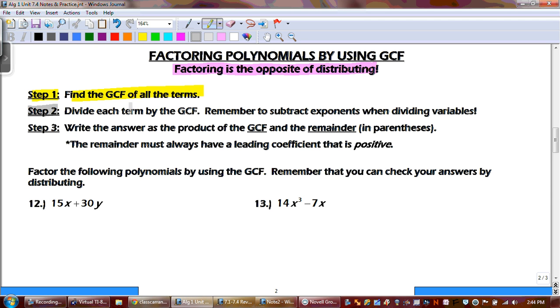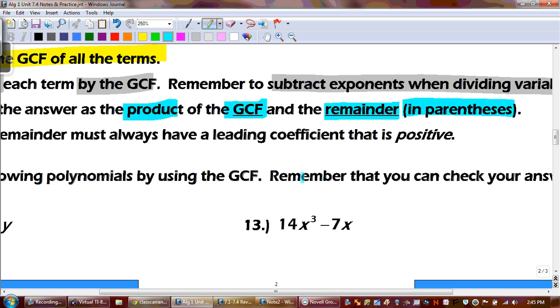Step 2 says we need to divide each term by the GCF. And you got to remember to subtract exponents when dividing variables. And then step 3 is to write your answer as the product of the GCF and the remainders in parentheses. You'd be like, whoa, that sounds really weird. It's okay, we'll get through this.